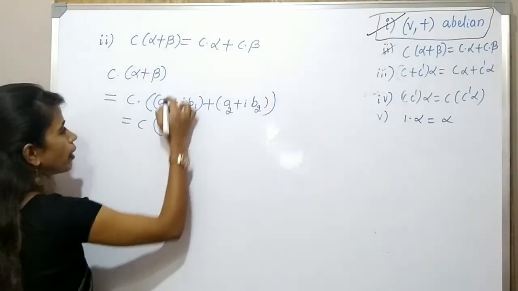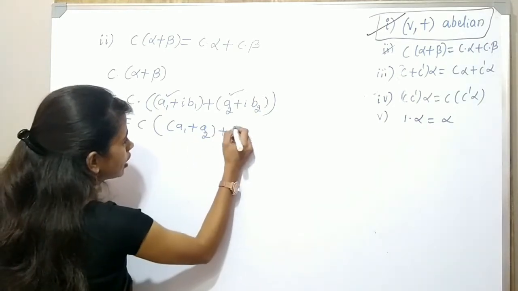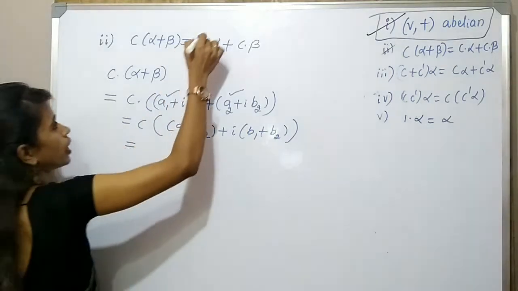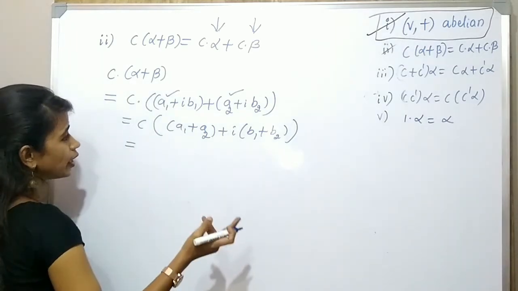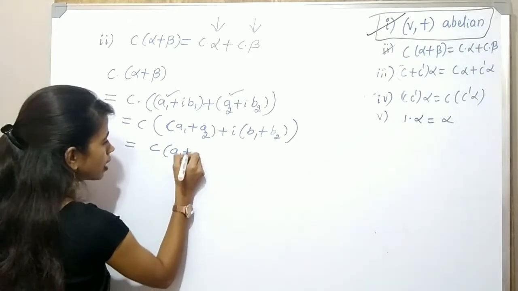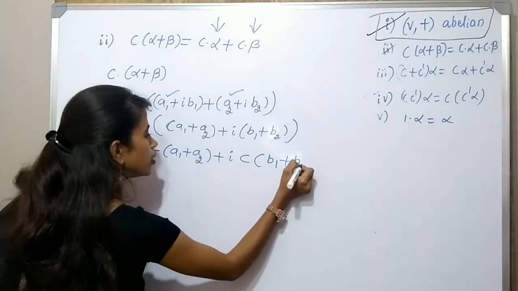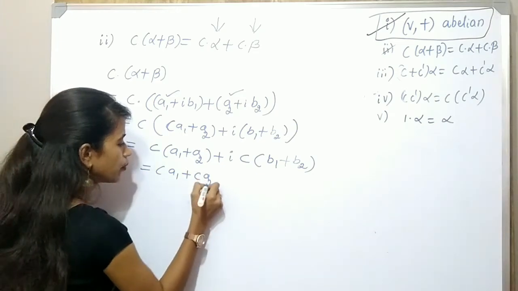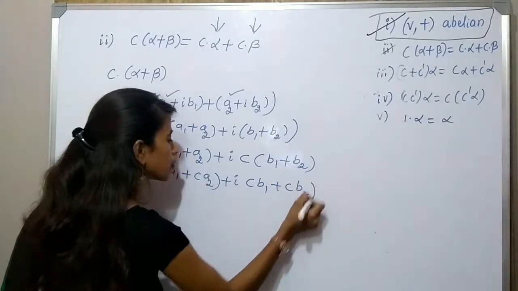So just simplify, taking real part together and imaginary part together. So now we obtain c into alpha, c into beta, that is c into A1 plus A2 plus i into c into B1 plus B2. So now it becomes completely multiplied: cA1 plus cA2 plus i into cB1 plus cB2.